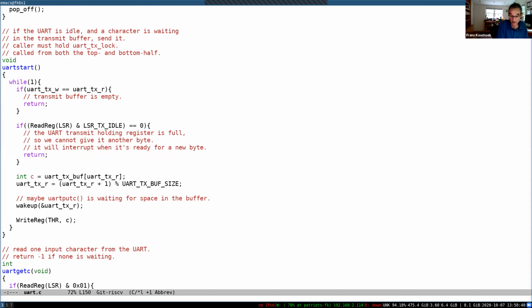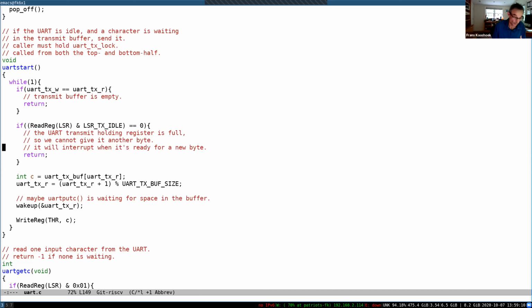If we look at start, we see a couple more things going on. If the buffer is not empty, then we know there are a bunch of characters that are being sent. The lock makes sure that we don't overwrite any of those.